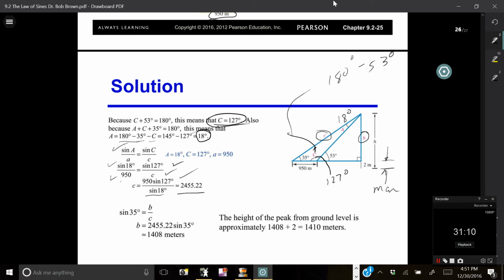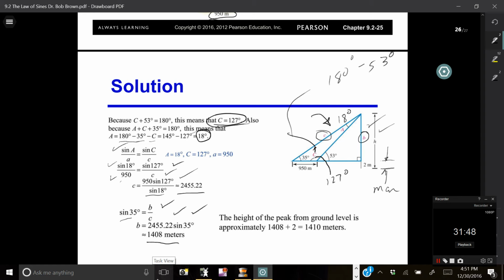Now notice that what we want ultimately is B. But now using the hypotenuse, which we know, and the opposite side, which we want to know, we know that sine of 35 degrees is equal to B over C. So B is 2455.22 times sine of 35 degrees, which is 1,408 meters.